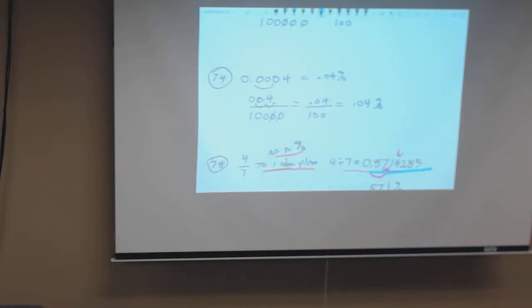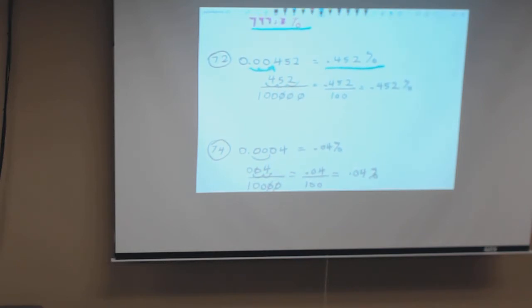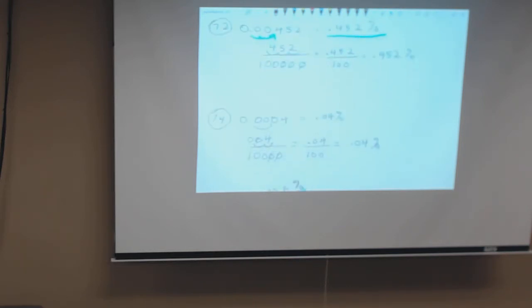Write it as a percent to 1 decimal place. So to make it a percent, I move the decimal point 2 places to the right. Is that right? Am I going the right direction? Yeah? 2 places to the right.